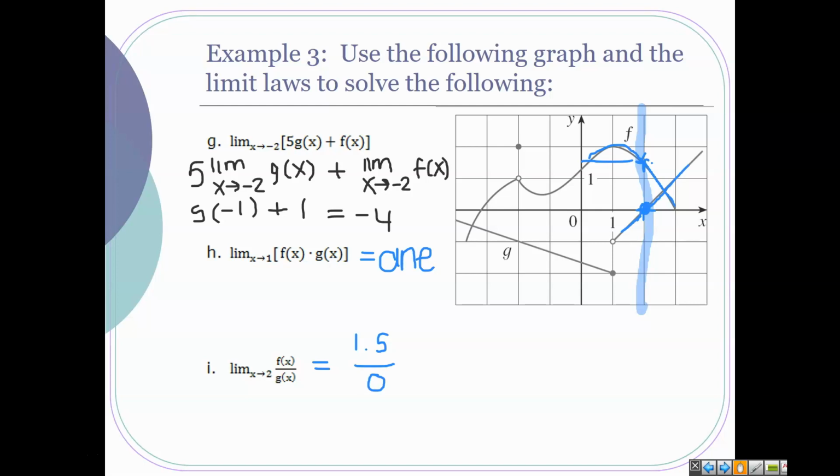If you try to divide by 0, what's the slope of a vertical line? So if you try to find a limit and you get a number divided by 0, it's undefined. It's outside of a domain.